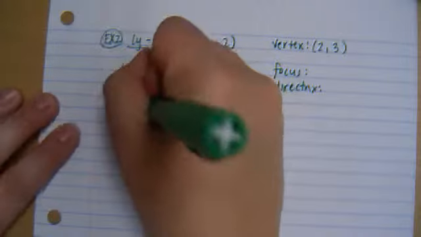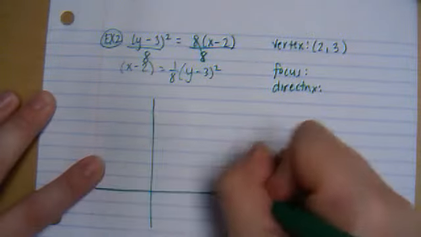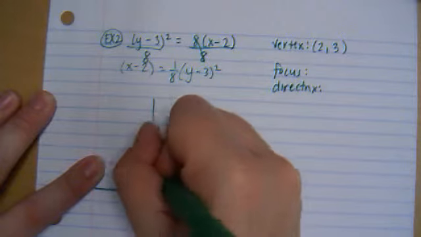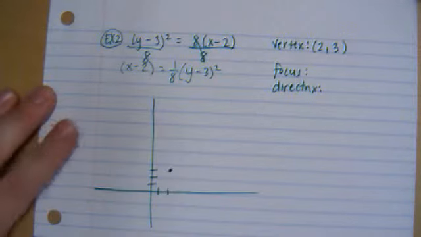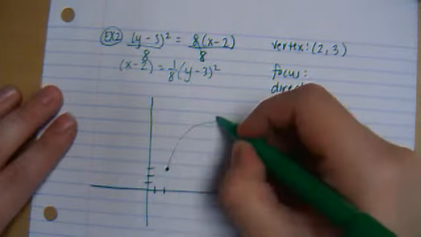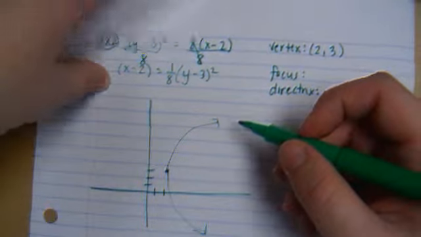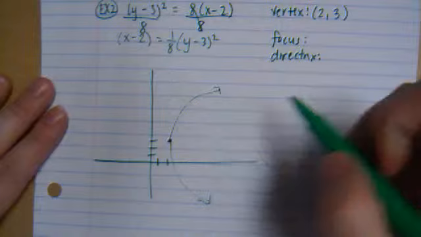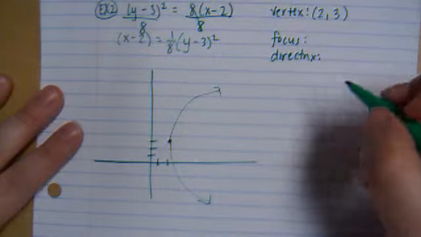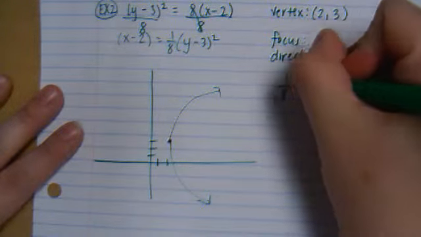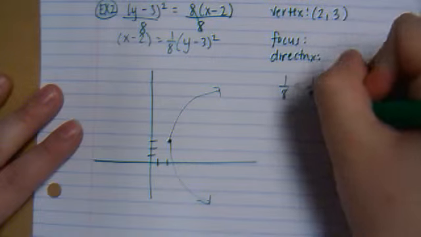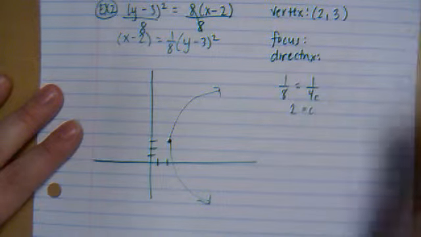Okay, so let's graph what we have so far. So 1, 2, 1, 2, 3. There's the vertex. And I know it's opening to the right because it's positive. Okay, there's no negative here. Okay, the 1/8 needs to equal 1/4c. So if I do that, c is equal to 2.